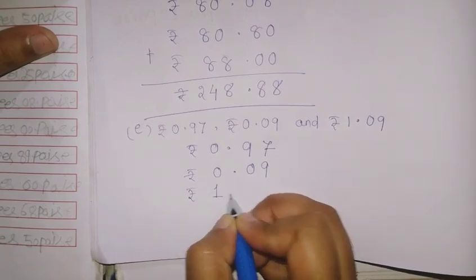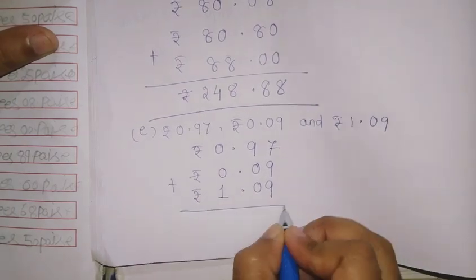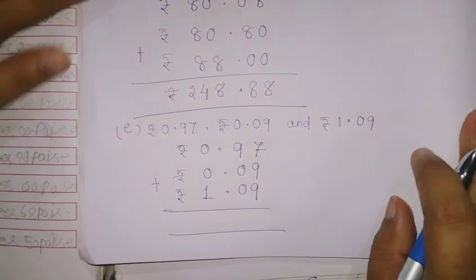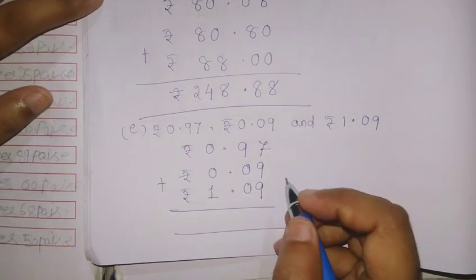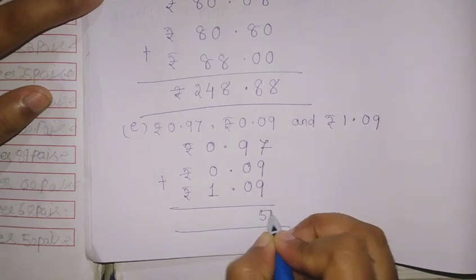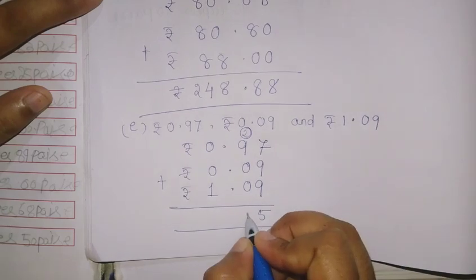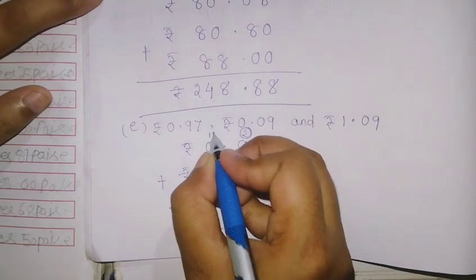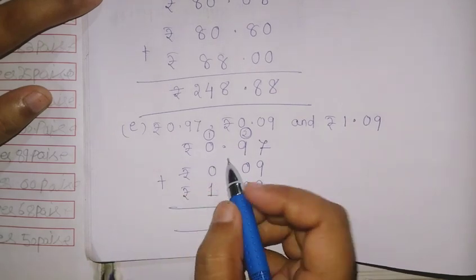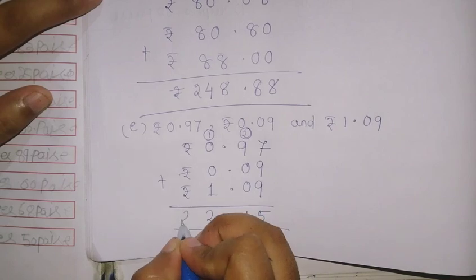Then 1 rupees 09 paise. Then we add this money. 9 plus 7 equal 16. 16 plus 9 equal 25. We carry 2. Then 9 plus 2, 11. We put 1, I carry 1. We put dot. Then 1 plus 0, 1. 1 plus 0, 1. 1 plus 1, 2. 2 rupees 15 paise.